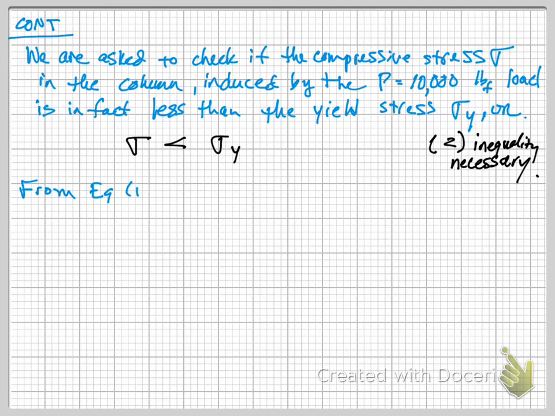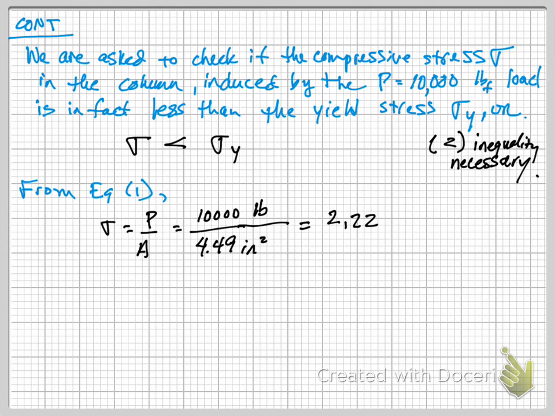From equation 1, we can start to plug in and get stress is P over A, which was that 10,000 divided by 4.49 inches squared, getting a value of, I get 2,227 psi.